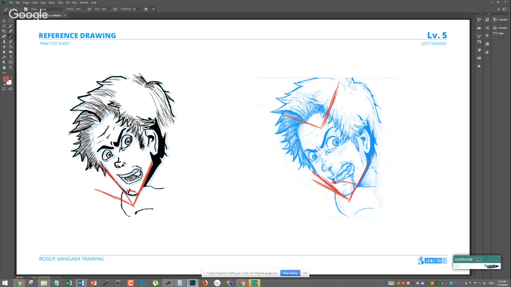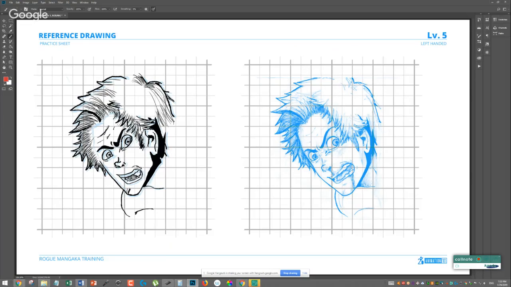But if it's pencil and paper, then put it against a window and put a blank sheet of paper on top of it. Now this is something that also helps a lot: using a grid. Yours was without a grid, so I just put the grid in there. And with the grid, you can analyze things way easier.